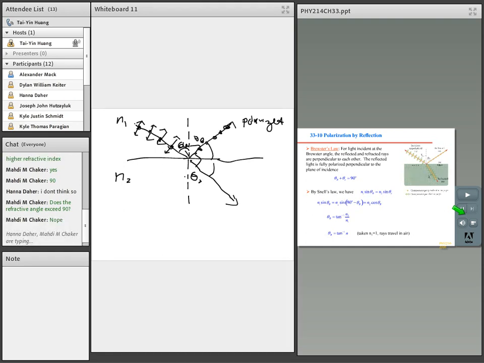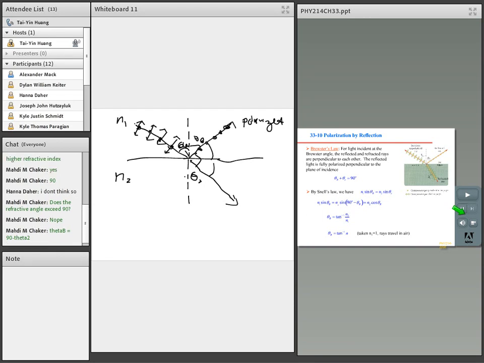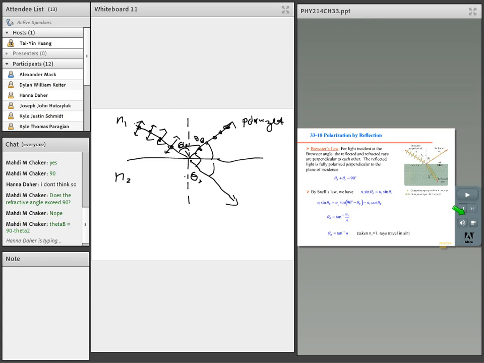This is the vertical plane, right? So that'll be theta B, and in other words, your theta B plus theta 2 will be equal to 90 degrees. So theta B plus theta R, where theta B is this angle or that angle because they are equal to each other, and theta R is the angle of refraction.